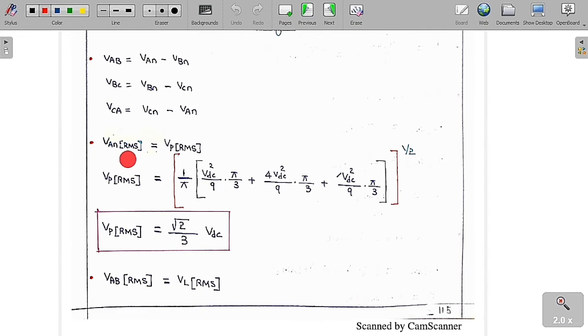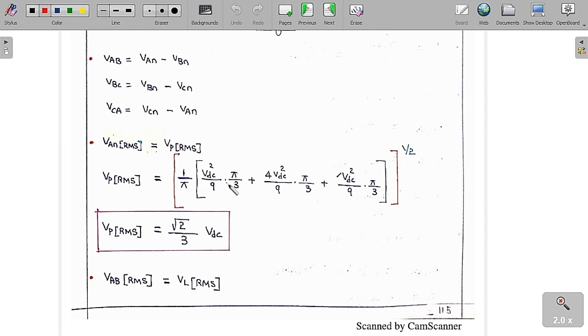We are going to find what is the value of the phase voltage RMS value. So let me take any phase voltage. I am going to take the phase voltage VAN and find its RMS value. So here the V phase RMS value is equal to square root of 1 by, only for pi, I am going to do this simplification.